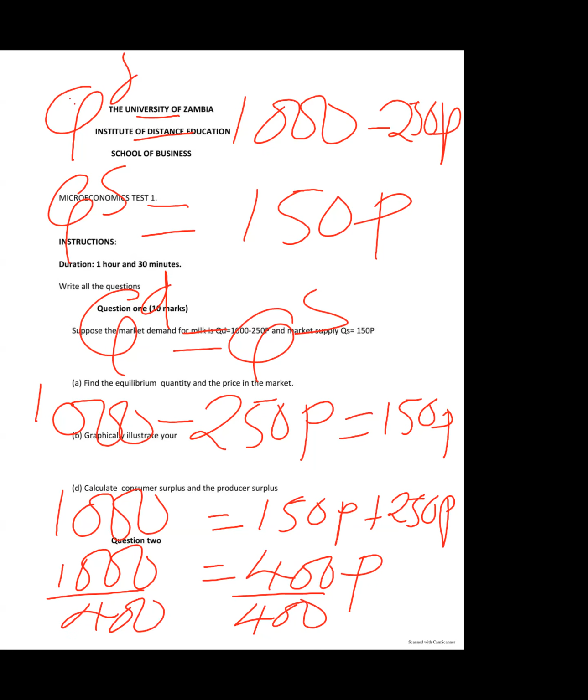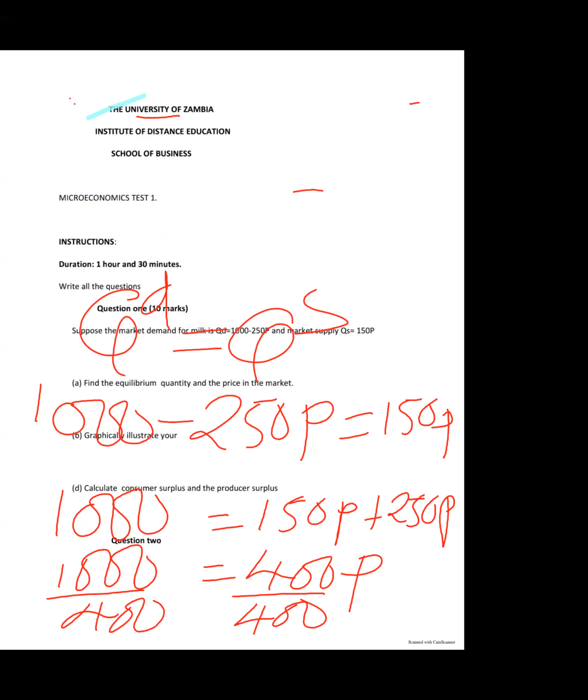So we have 1,000 divided by 400, and that gives us 2.5 as the value of P. Therefore, our equilibrium price is 2.5.